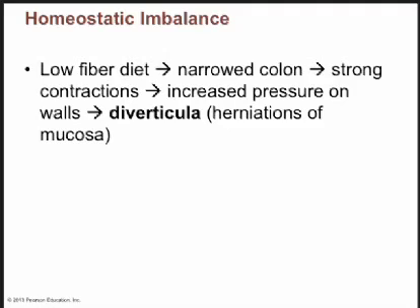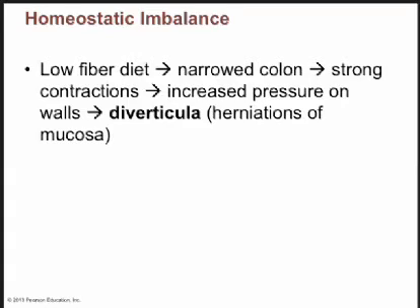Okay, now if we consider conditions that can cause the digestive system to malfunction, what we're looking at are homeostatic imbalances. As an example, a low-fiber diet can result in a narrow colon because a low-fiber diet lacks sufficient bulk to distend the colon.